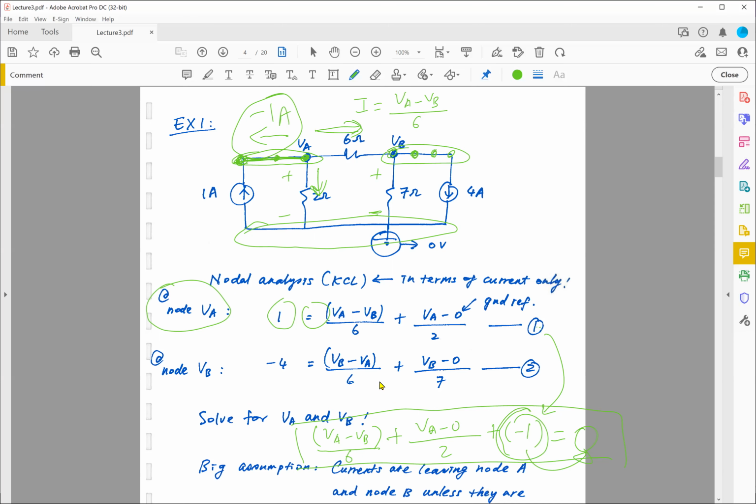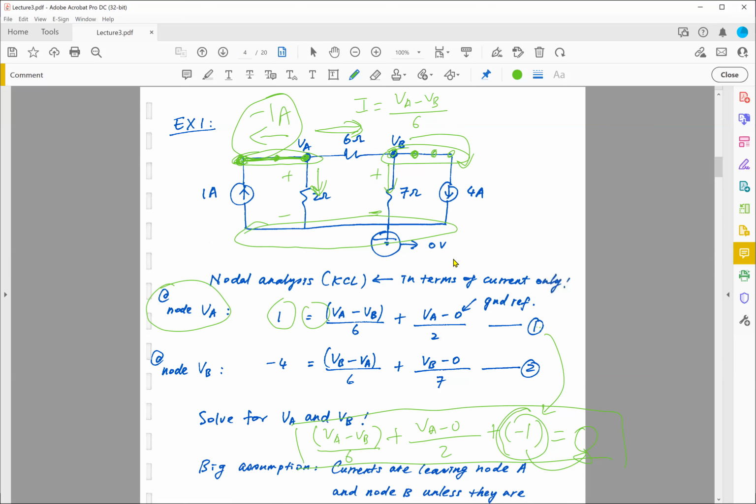So that's this term over here, plus VB minus 0 divided by 7, which is the current flowing down this way. The current flowing out of node B going down this way is simply equal to 4 amp, as indicated by this current source pointing downward. So this is 4 amp.